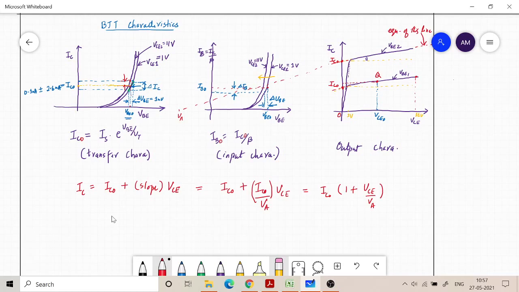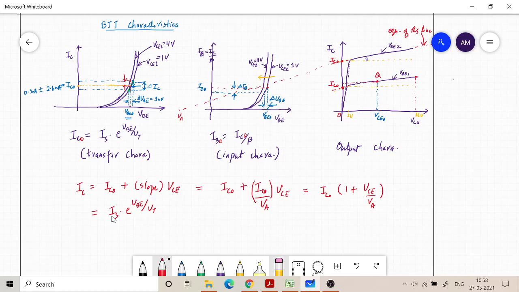Now I can write my collector current by substituting for IC0, which is the current that you get out of the input voltage that you applied when you bias the transistor in the forward active region.